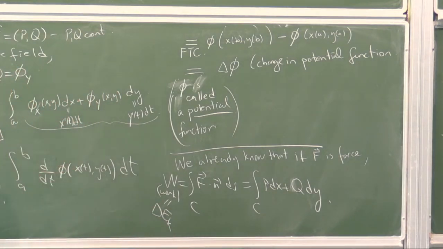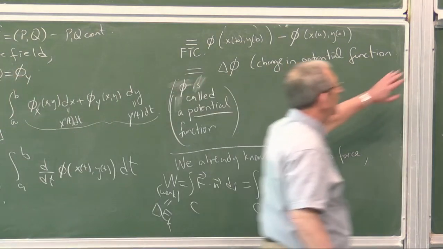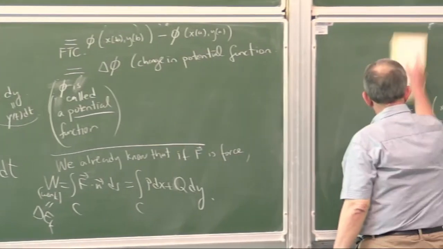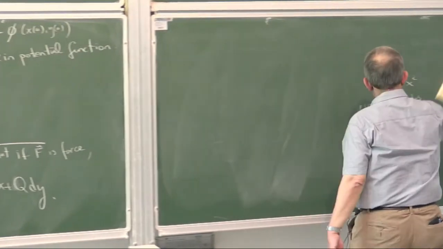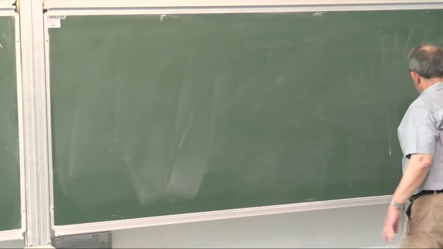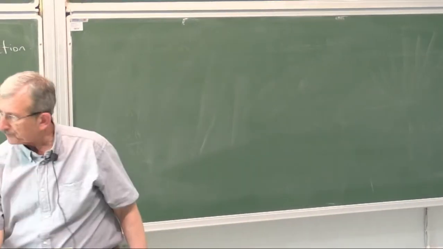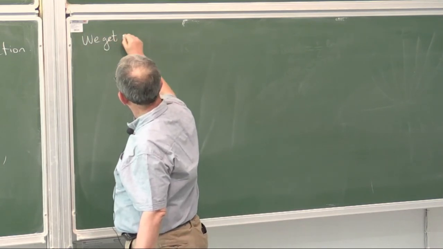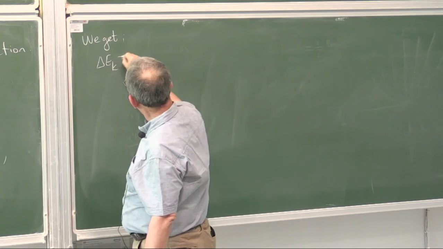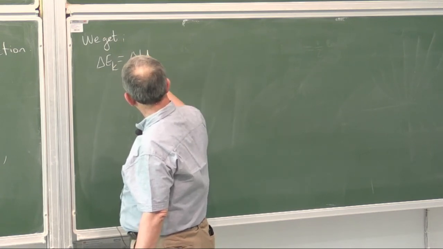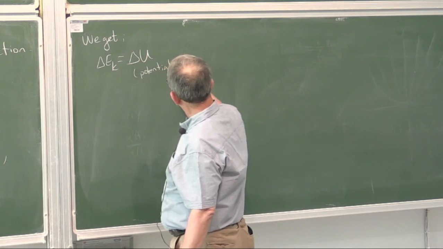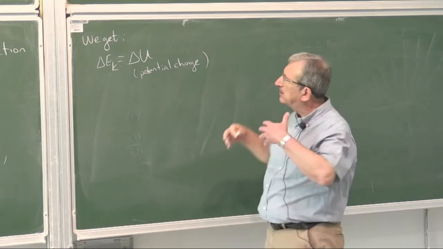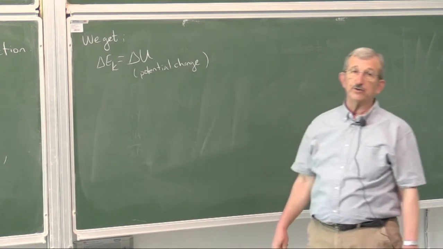We found this in our previous examples. So what's the point? Well, we get delta Ek is delta U, this is the potential.